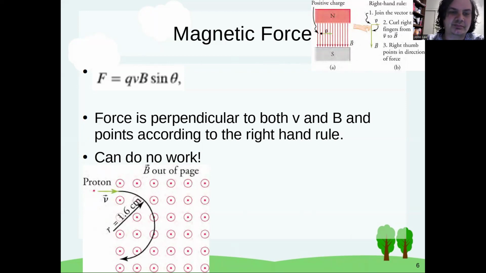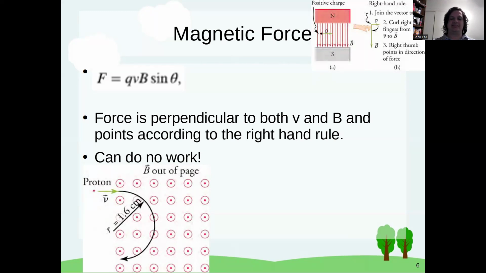So what's interesting about this is that the magnetic force can do no work, which means that it can't change the kinetic energy of a system.